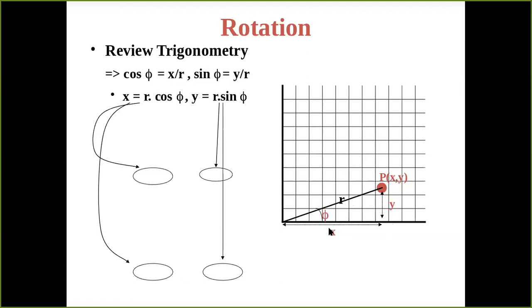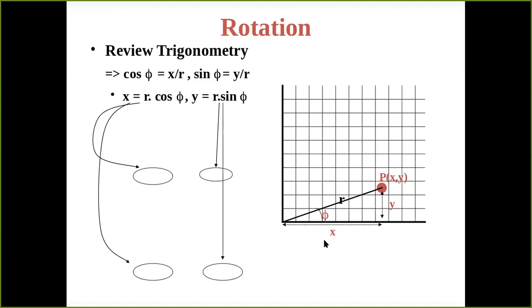Cos theta equals what? This base upon this r vector, the diagonal. So x upon r. Anyone having any difficulty or confusion? Very easy. Sin theta equals y upon r and cos theta equals x upon r.